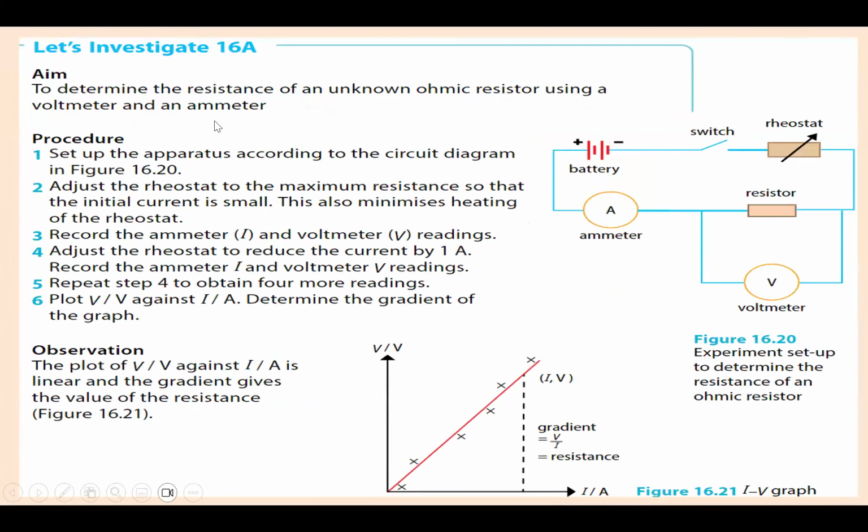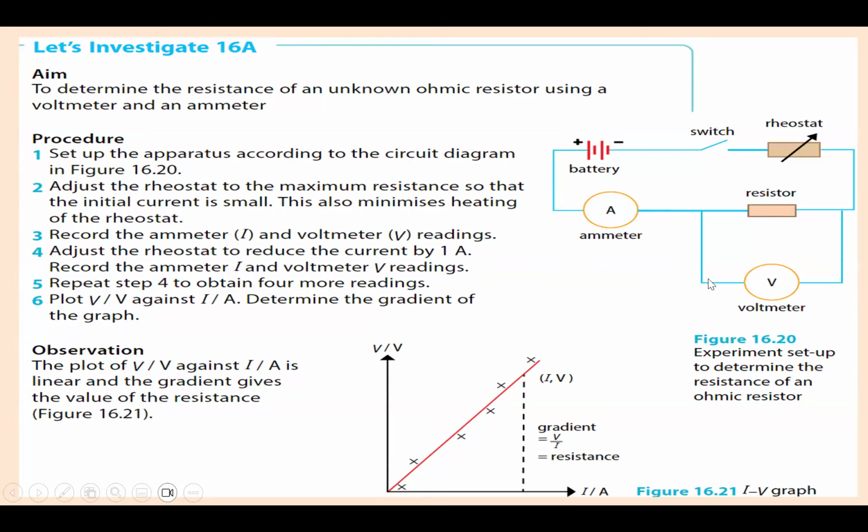Okay, so how do we determine the resistance of an unknown resistor? You need to memorize this experiment because you will be asked to describe experiments to determine the resistance of certain components. In this case, we have a setup like this. I want to measure the resistance of this resistor.